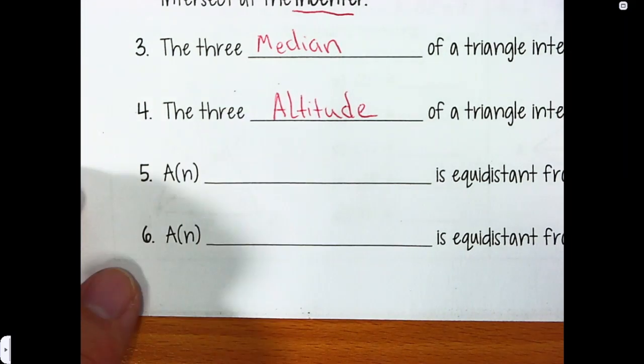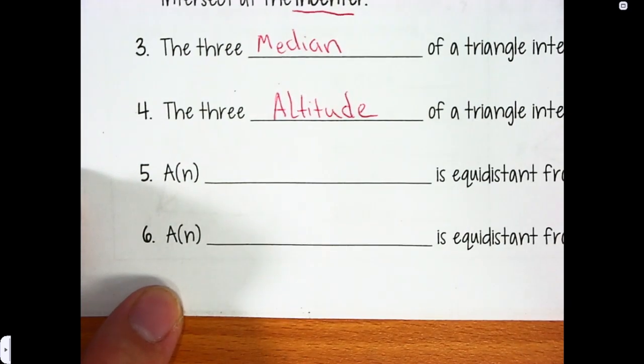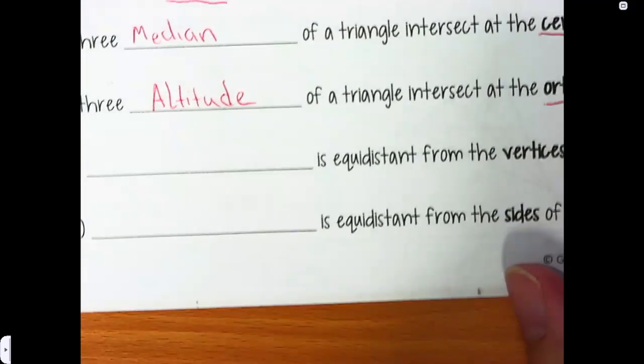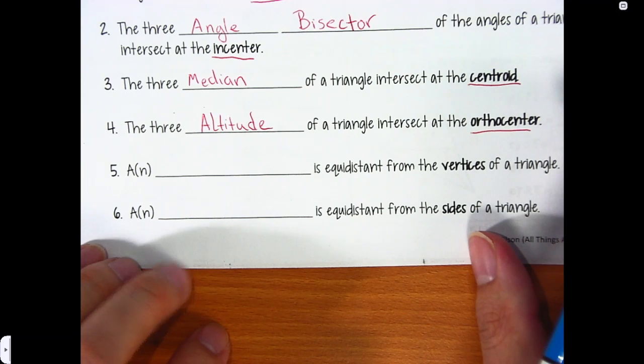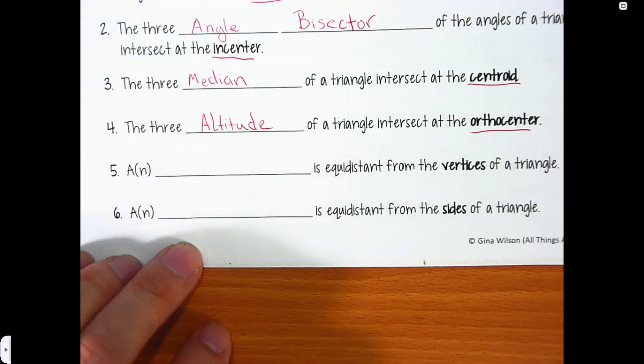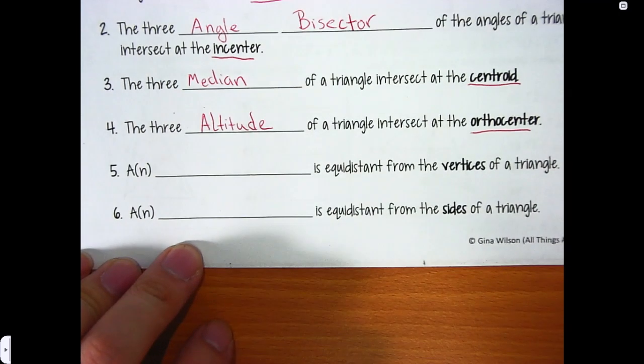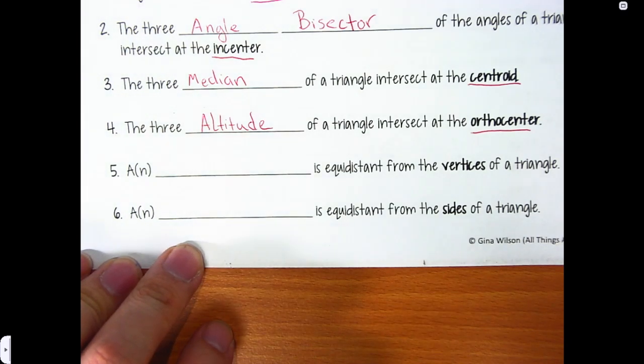Now here's the question for you: can the orthocenter be outside of the triangle? If you say yes, then why? And if you say no, then why? When will the orthocenter be outside of the triangle?